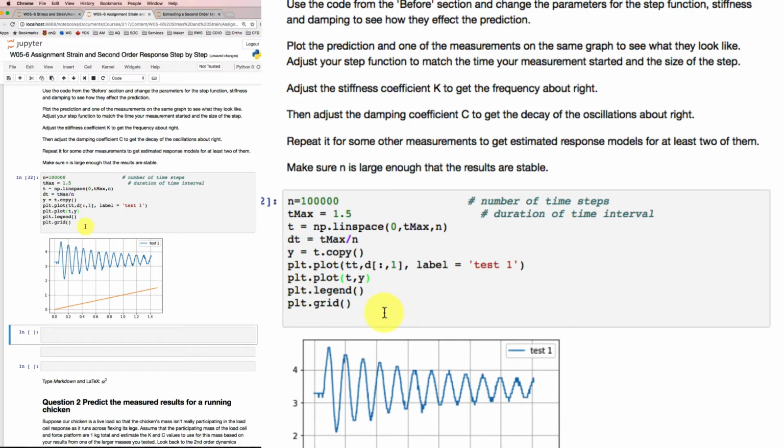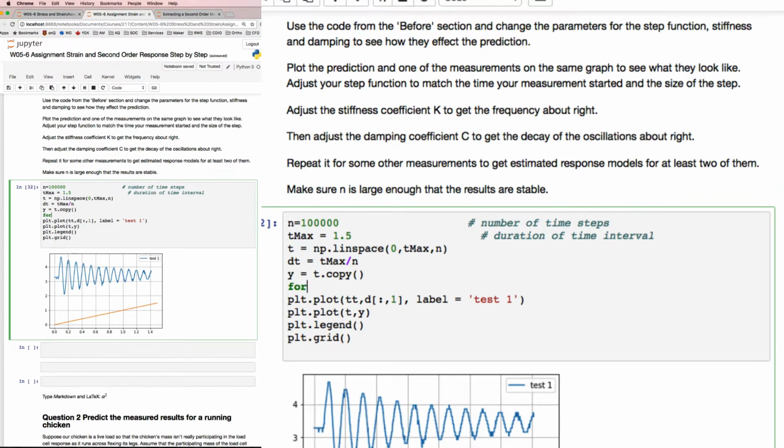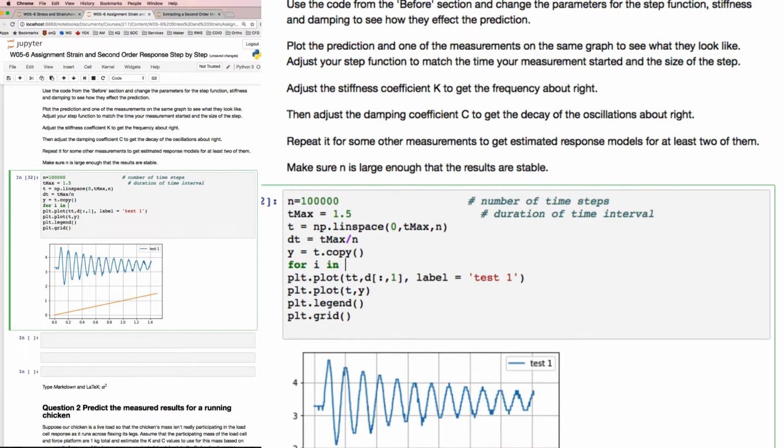So I need to actually fill in what I think y is going to be. I think it's going to start out at 3.3, and then it's going to jump up to 3.45, and then it's going to continue on flat. That's my step function that I think is my input when I dropped stuff into the bucket. So after we make a copy, I'm going to go for i in a range from 0 up to n.